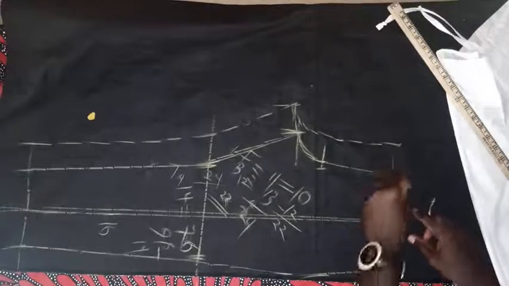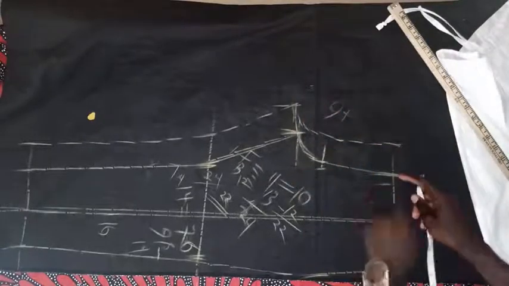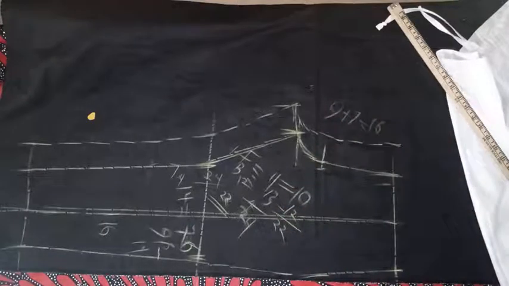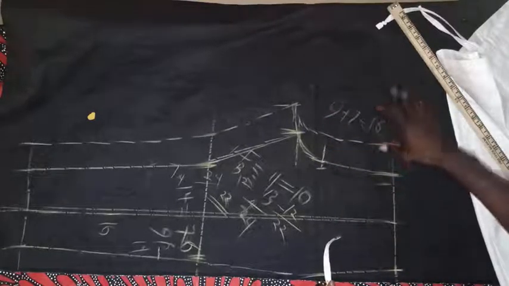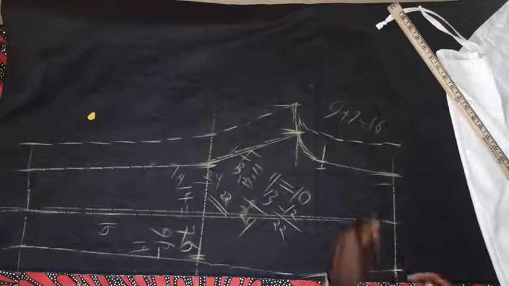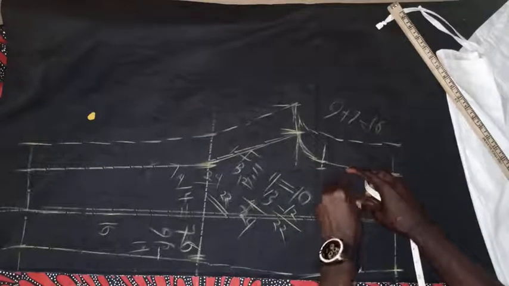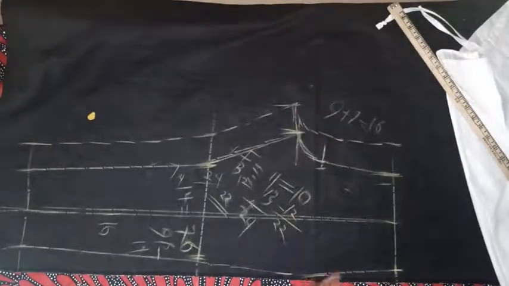So if you add 9 plus this 7 we have here, it is equal to 16. Which means each front piece is carrying 7 inches, and each back piece is carrying 9 inches.